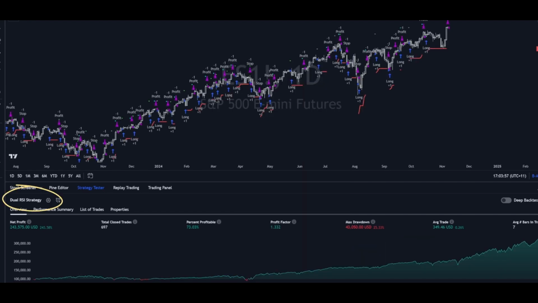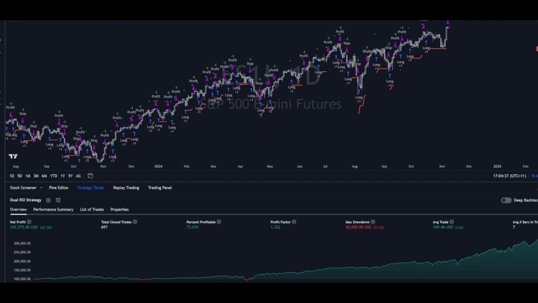This is our dual RSI strategy that had a net profit of $243,697 from closed trades. So that equates to just under 1 trade per 10 trading days. We had a 73% win rate with a profit factor of 1.3, and our drawdown was about 25%, so that's not too bad.